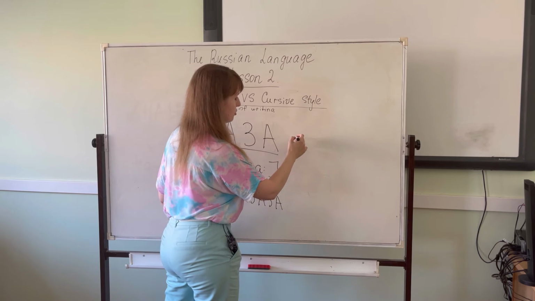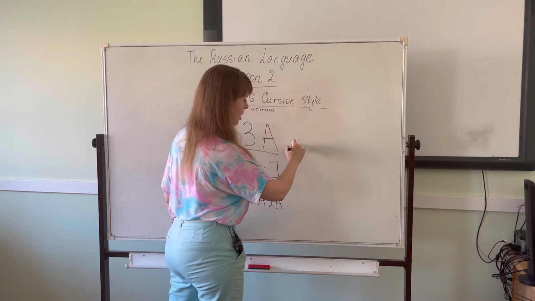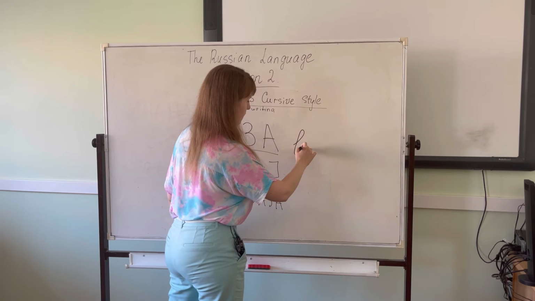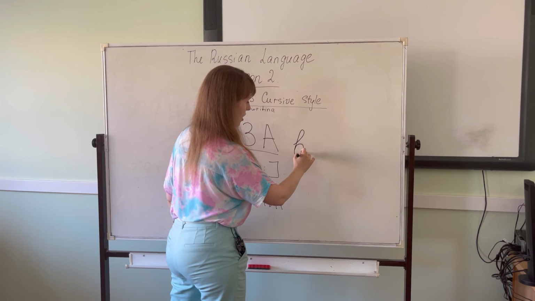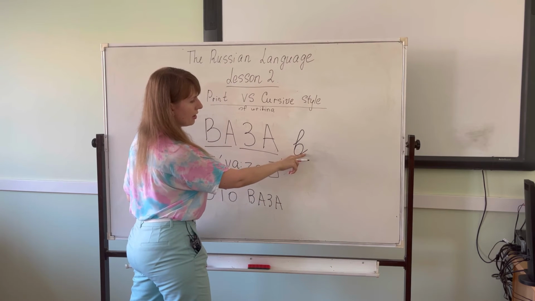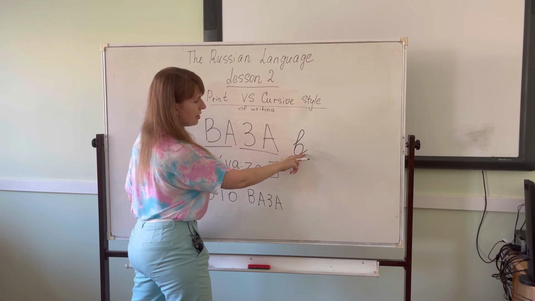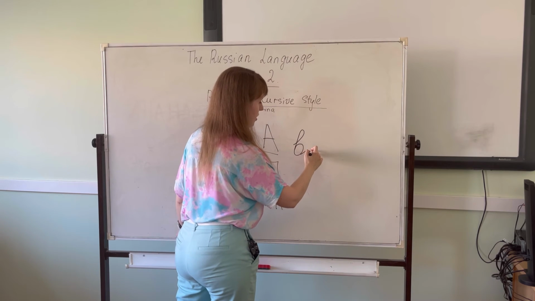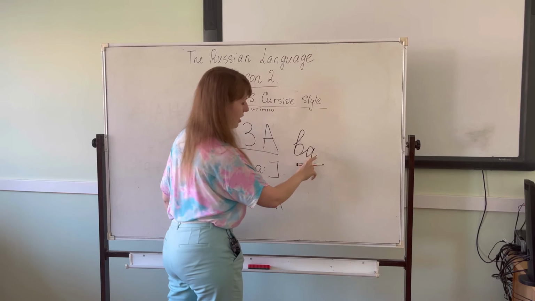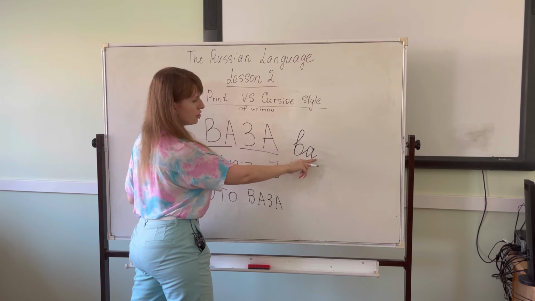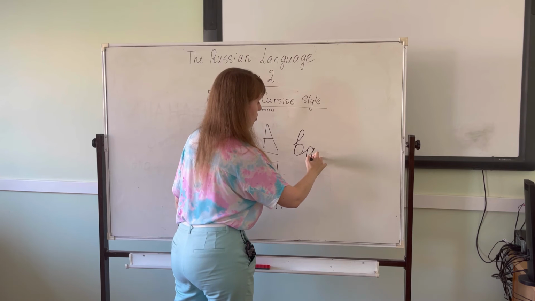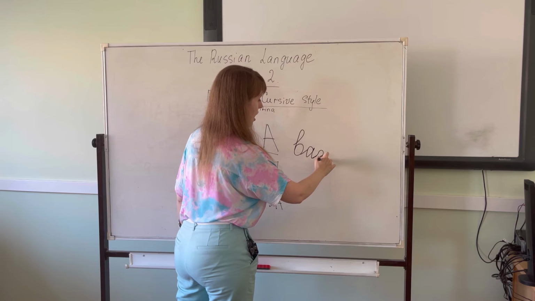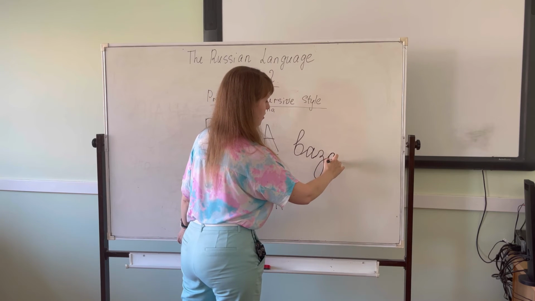And I will show you how to write it in cursive style, okay? Just pause anytime you need. В and a little line, just connecting the letter В with the letter А, a very short line, and then again А.